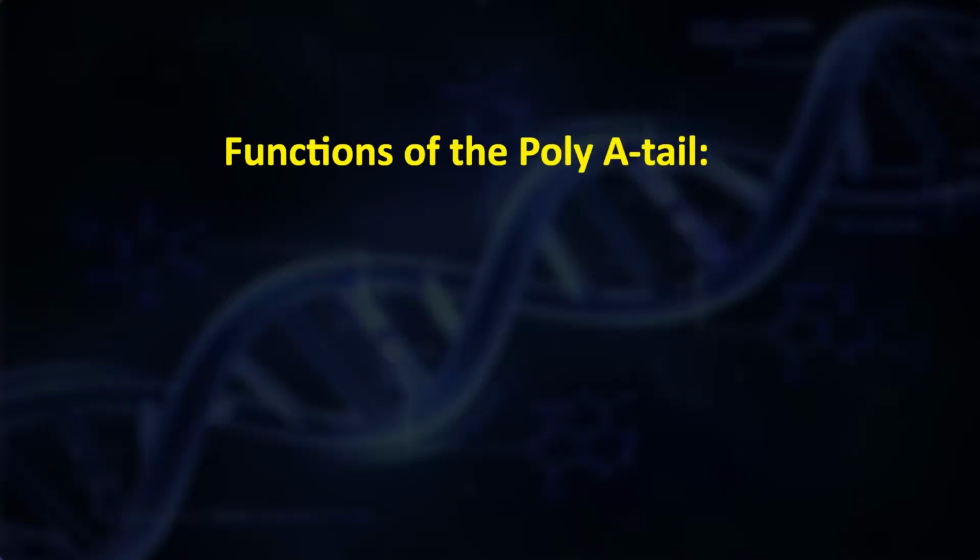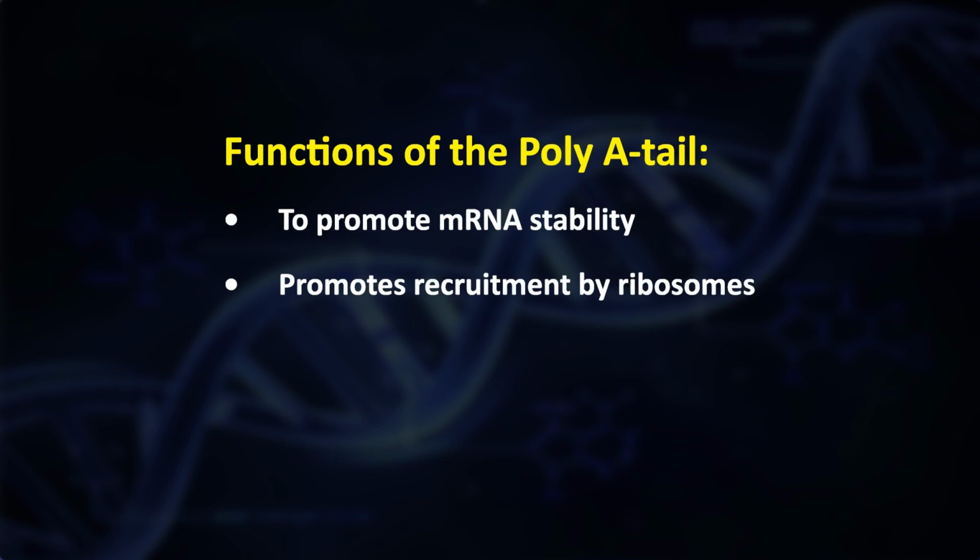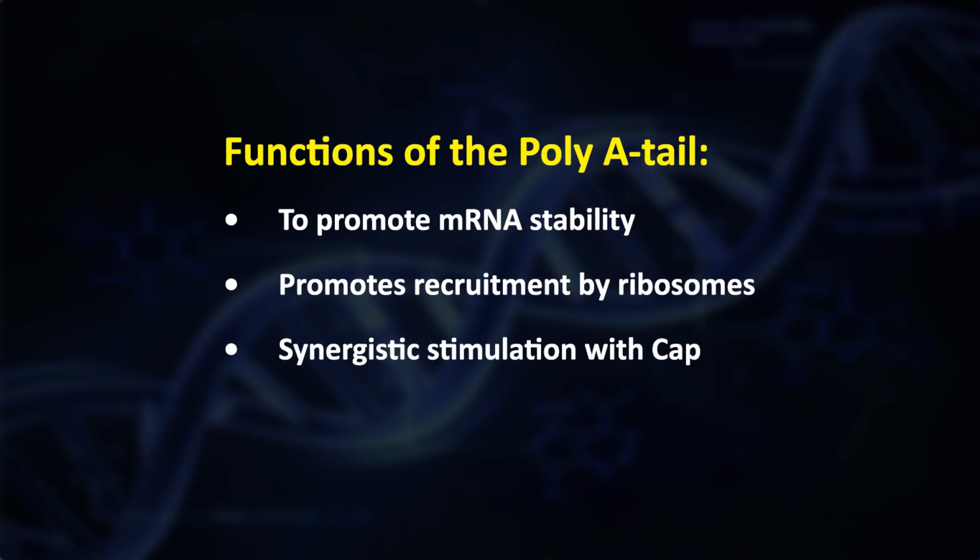This tail helps to confer resistance to 3' exonucleases and also helps in efficient translation initiation. The functions of the poly A tail are that it promotes mRNA stability, it promotes recruitment by ribosomes, and it also helps in synergistic stimulation with capping and enhances translation.